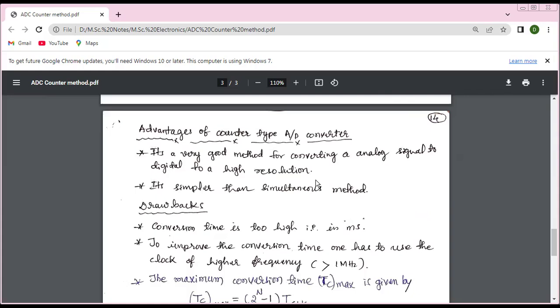For example, suppose you apply 0.5 volt to the circuit, but it is not sensed, because based on the design, a certain minimum voltage has to be applied.